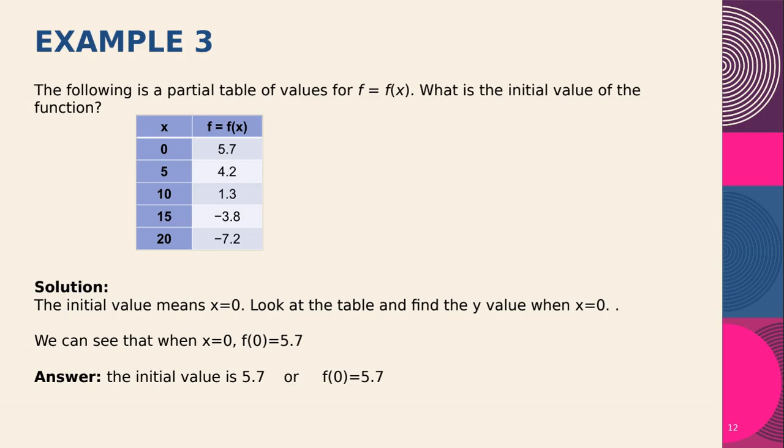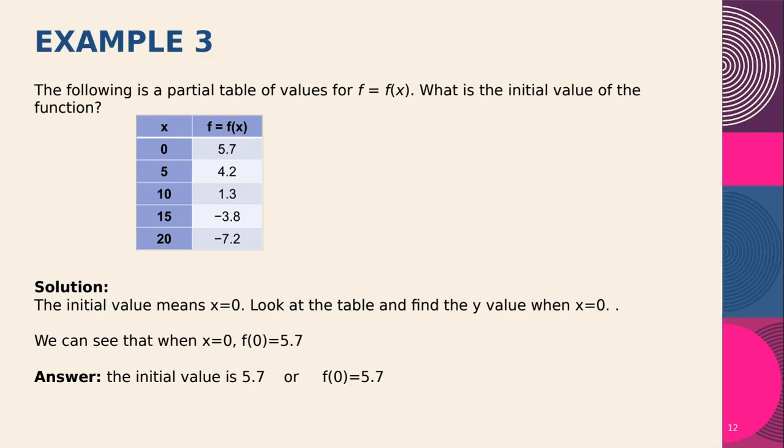Now we will review a different example. A table is given to us, and just by looking at this table, you need to find the initial value. You see that x values are equal to 0, 5, 10, 15, 20.